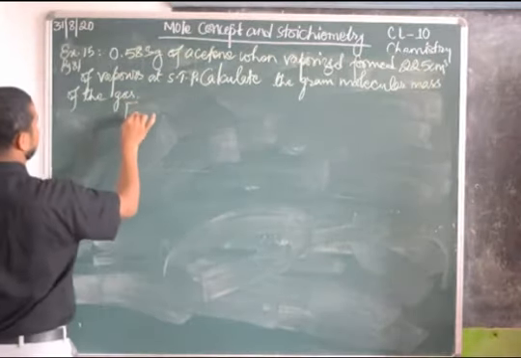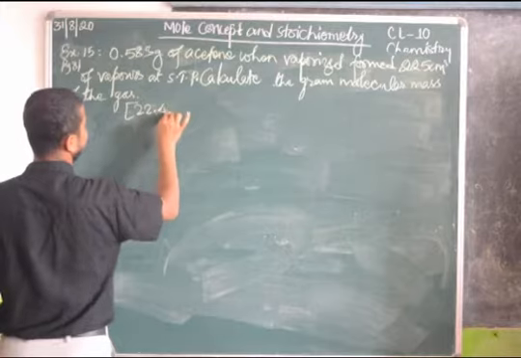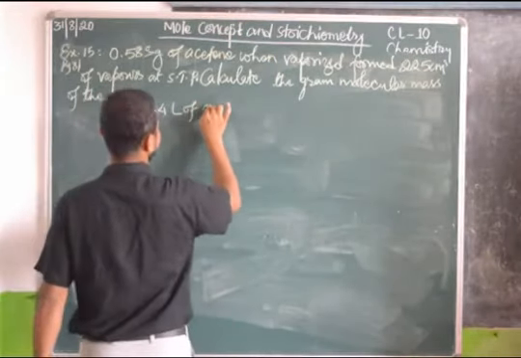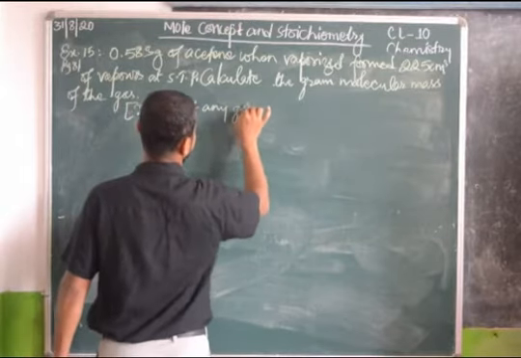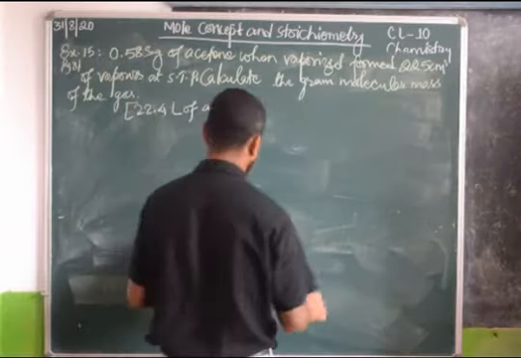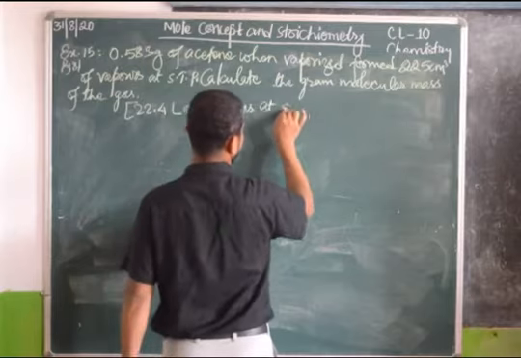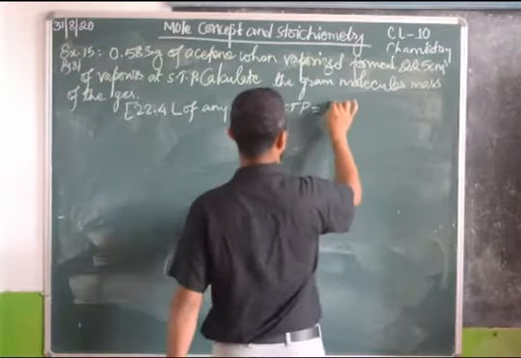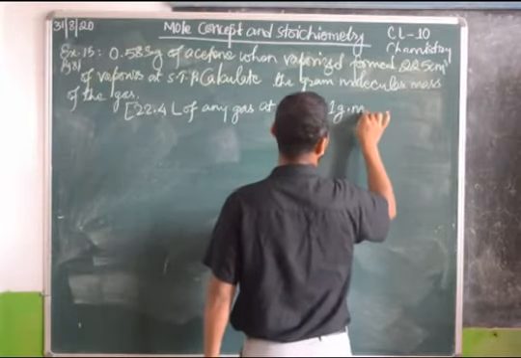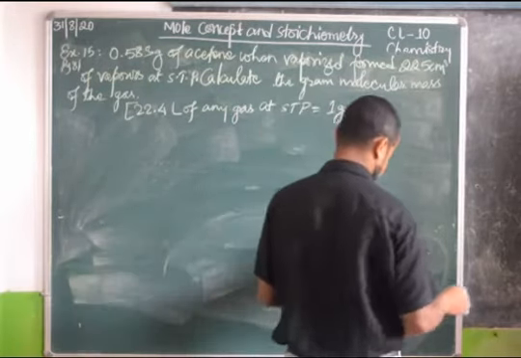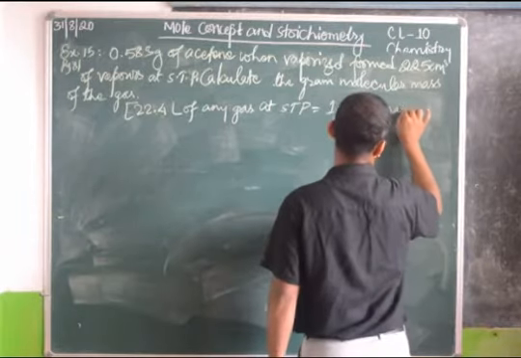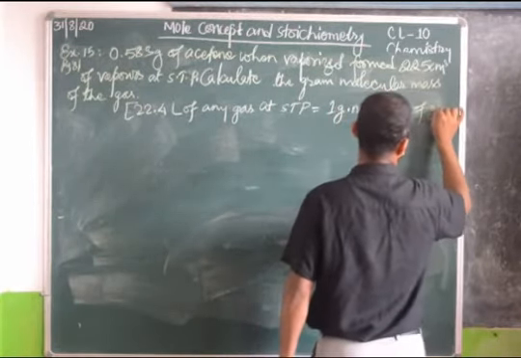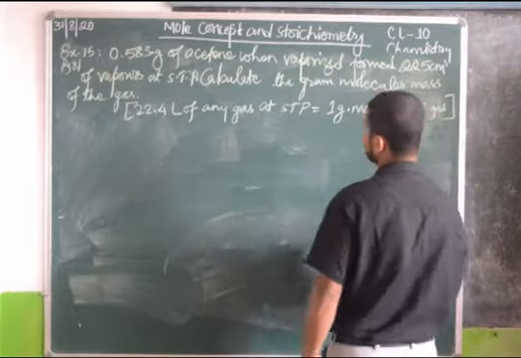What is given? 22.4 liter of any gas at STP is equal to 1 gram molecular mass of gas. This is given.